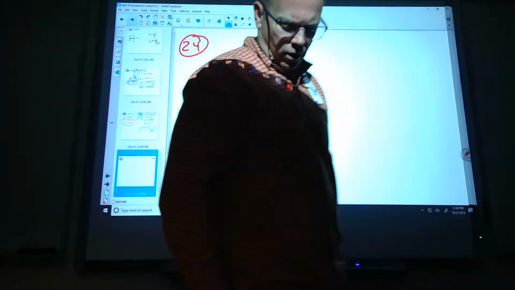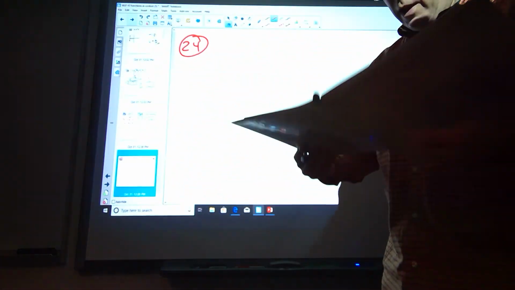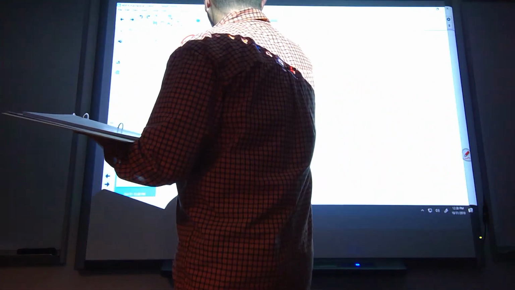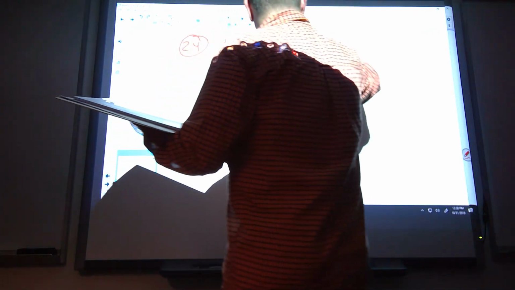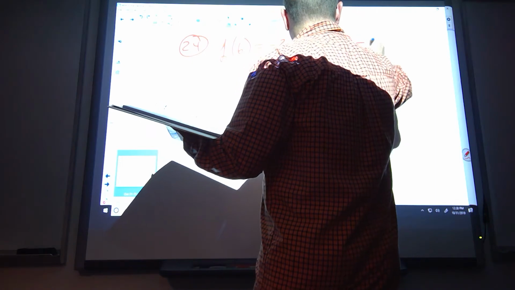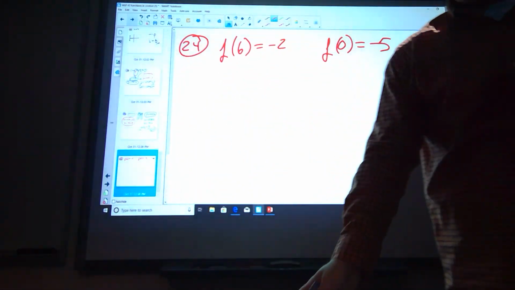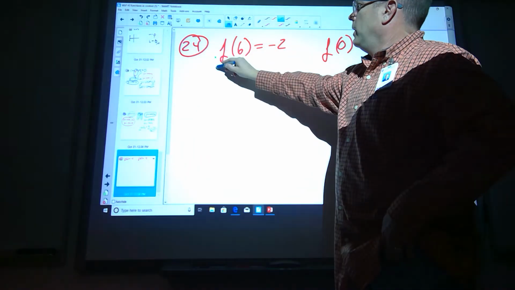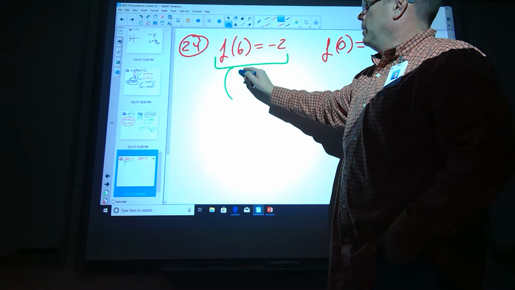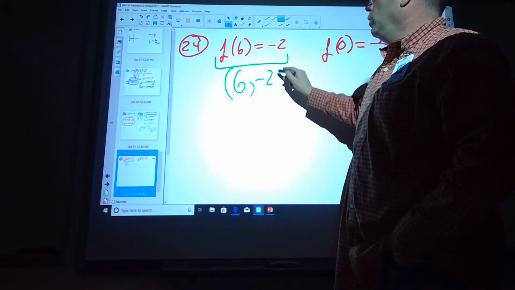Number 24. Oh, hey, thanks for asking for that one. Okay. So one thing we have to recognize is if it's written in functional notation, this gives me the point 6 comma negative 2.